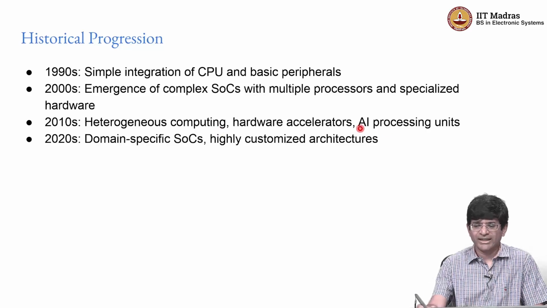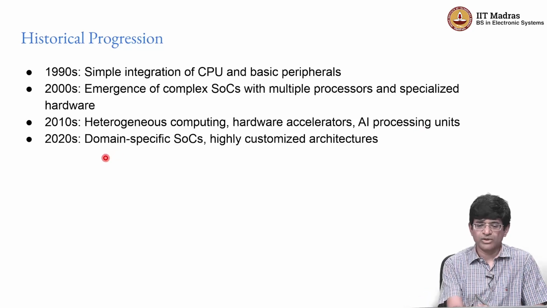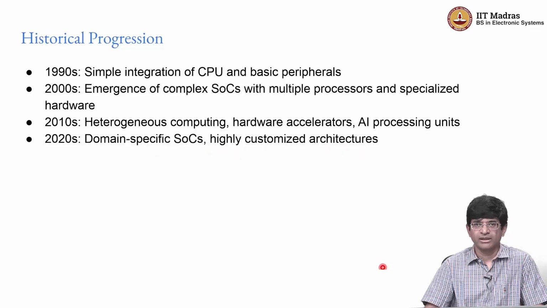By the late 2010s, AI had started becoming a major requirement, right, which meant that the basic neural networks, how do we accelerate them, started coming into the picture. And nowadays, of course, we are having to move to highly customized architectures, where currently the primary driving factor is AI or AI ML, but we are increasingly looking at domain specific systems on chip, right.